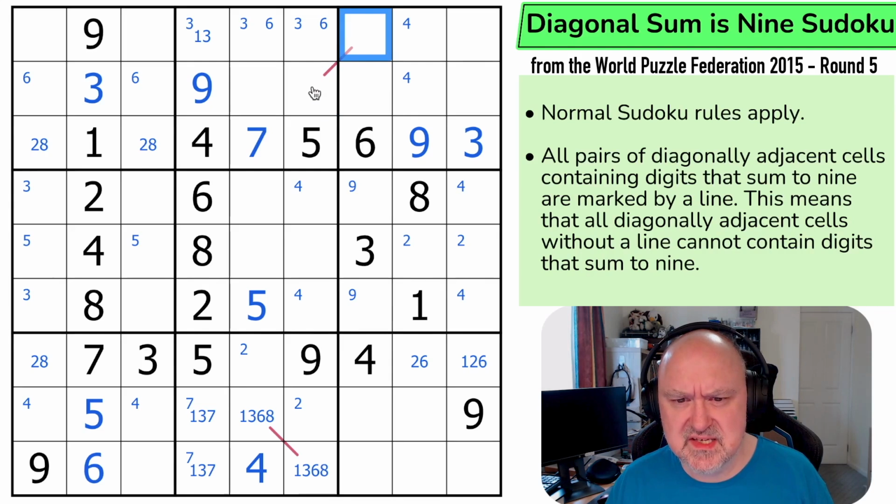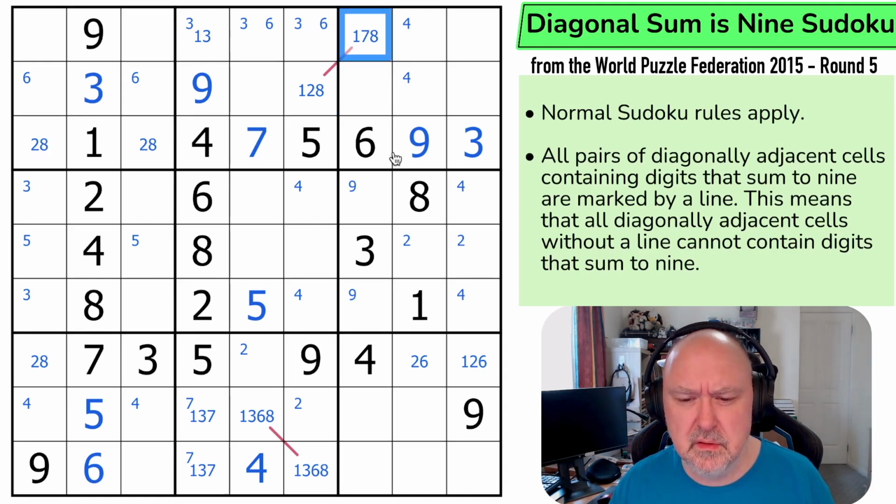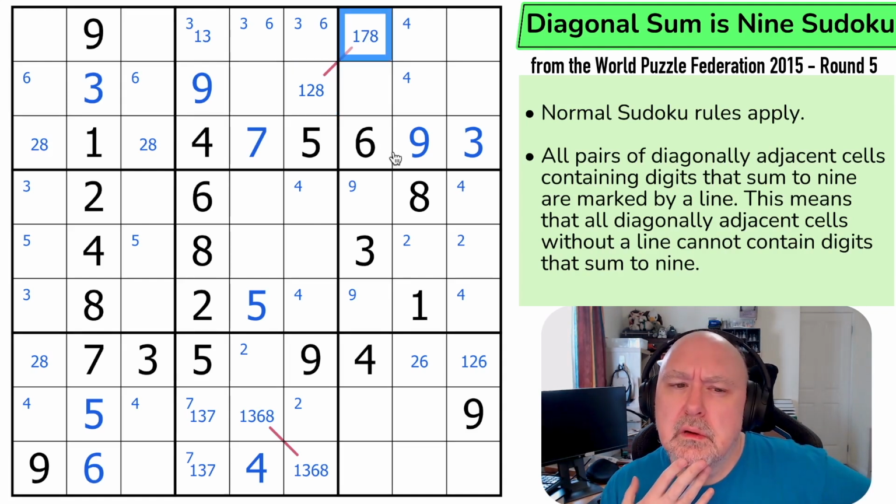It can't be 4, 5. So if it's 1, 8, it's in either order. If it's 2, 7, it's 2, 7. And it can't be 3, 6, and it can't be 4, 5. And I'm not sure what that's done for me.